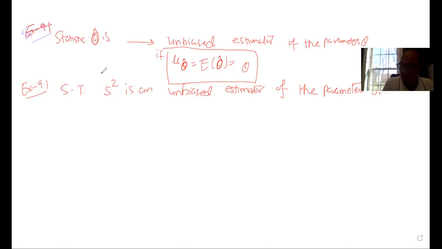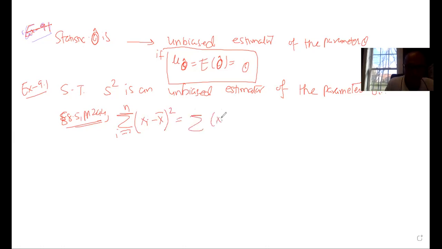If you recall, in the last chapter, article 8.5, page 244, we proved one thing: the summation for i equal to 1 to n of xi minus x bar whole square is equal to the summation of xi minus mu square minus n times x bar minus mu square.